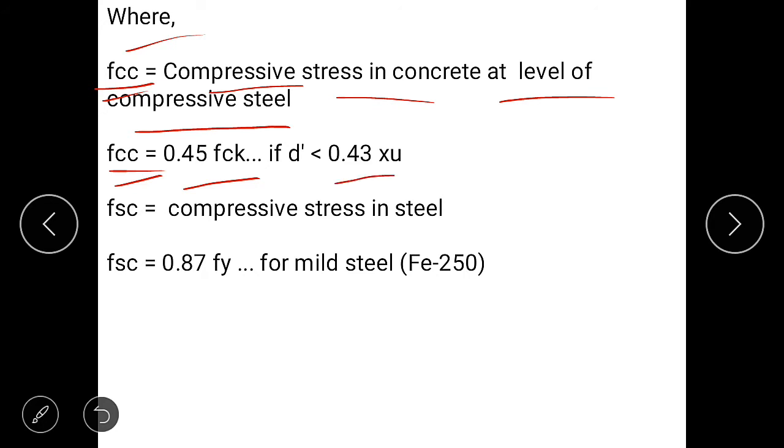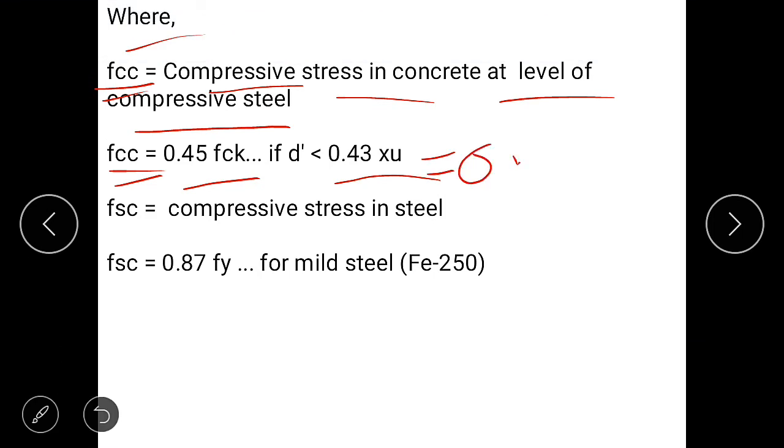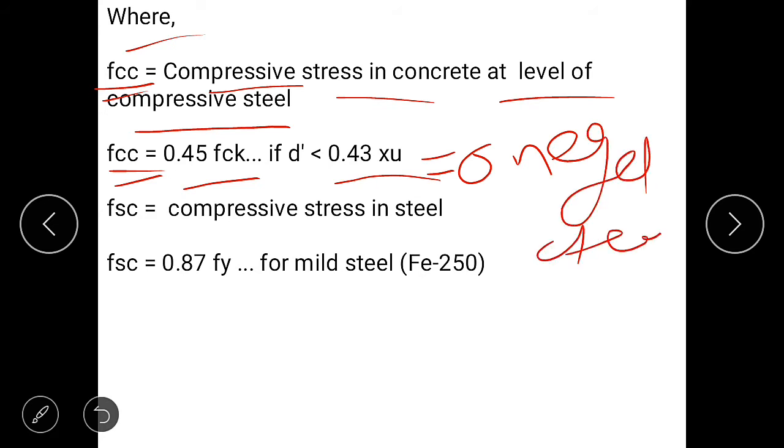If D dash is smaller than 0.43 XU, then put 0.45 into FCK. If D dash is greater than 0.43 XU, then consider FCC as 0, or neglect it.